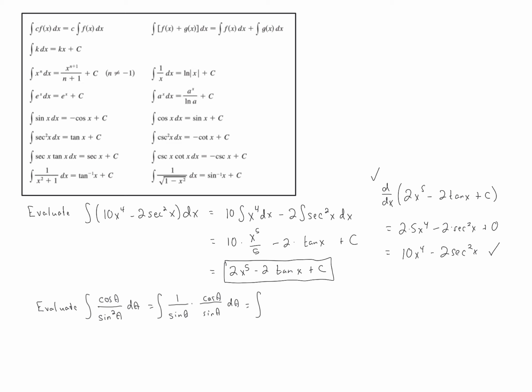What is 1 over sine of theta? Well, that is cosecant theta. And cosine over sine is the inverse of tangent, which is cotangent, d theta. And if we look at our table here, we do have the integral of cosecant cotangent. That is negative cosecant. So that's going to be negative cosecant theta plus a constant.